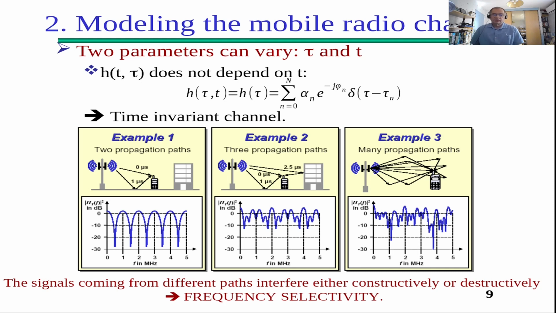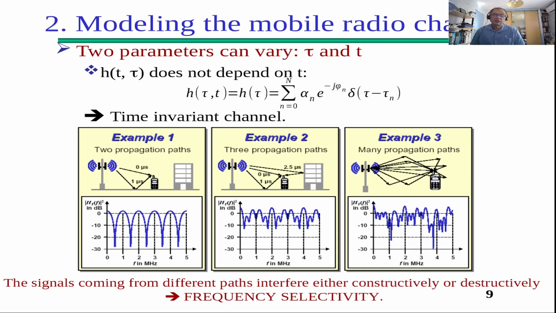You see that if you look at the channel transfer function, the module, some frequencies are attenuated, and this can be quite severe, under minus 30 dB. The more propagation paths you get, the more fluctuation you've got, the worst being, as you can see, example 3.